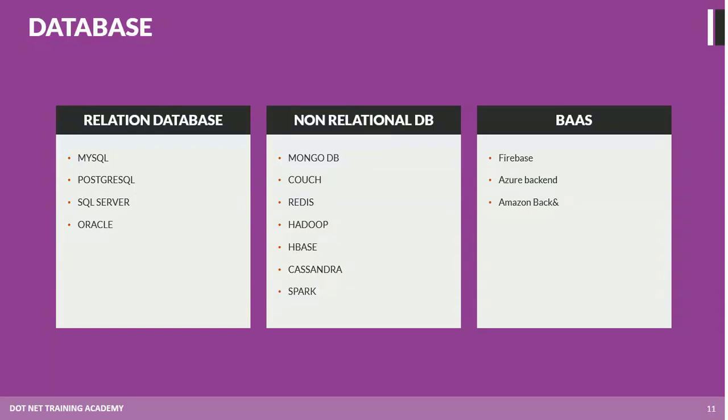And non-relational databases. A non-relational database is known as a NoSQL database, which also relates to big data, the enormous amount of data handled by companies like Google and Facebook, big companies. MongoDB is really popular and usable by everyone.